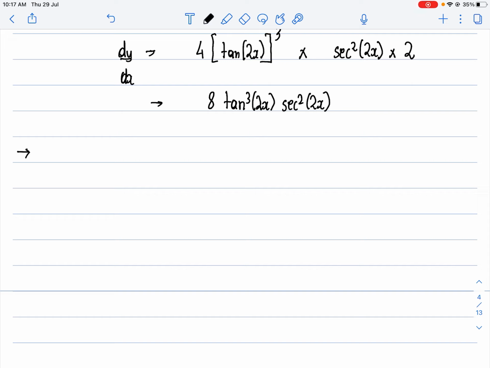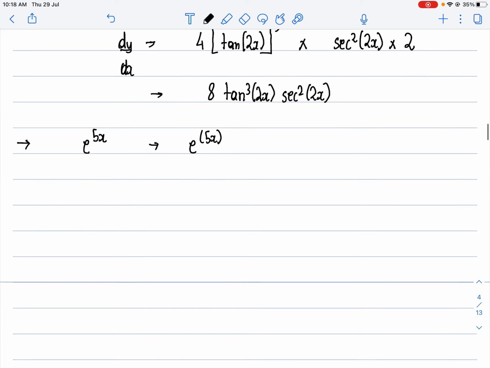So let's say if I have something like e raised to 5x, how should I differentiate something like this? Okay, first write this as e with the bracket, okay, e raised to the bracket of 5x.